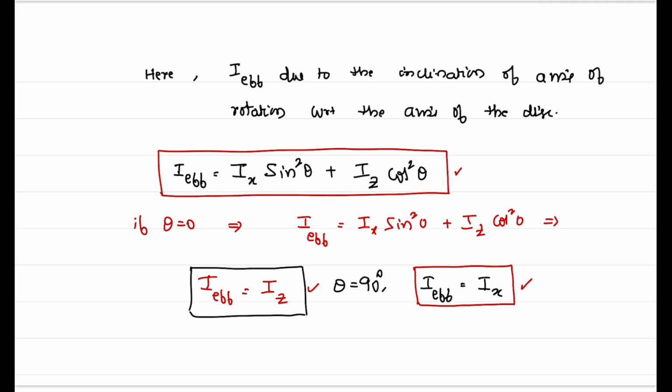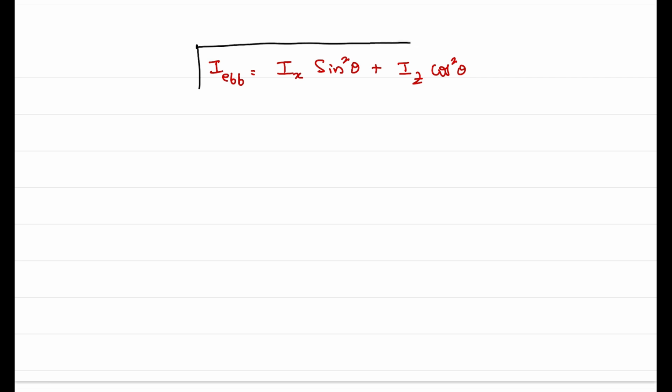And if it is making an angle theta, then I effective is equal to Ix into sin square theta plus Iz into cos square theta. Did you understand? Ultimately, remember this, a very important formula. And the conditions theta equal to 0 and theta equal to 90 also logically give the right answers.